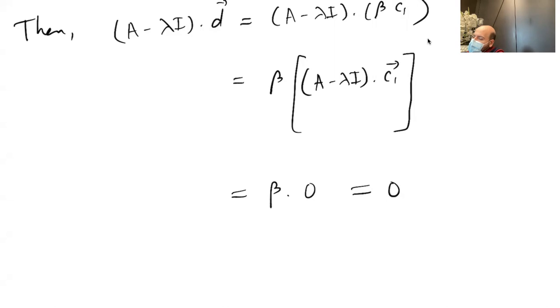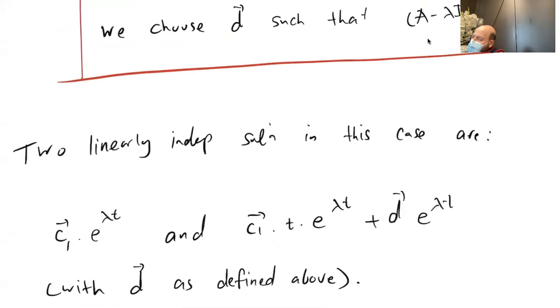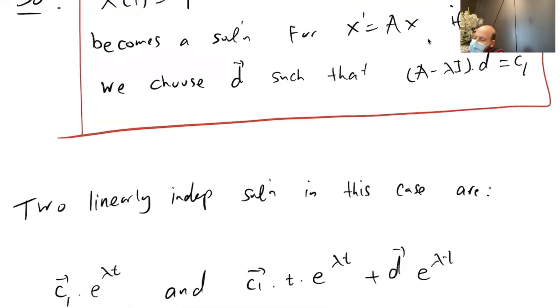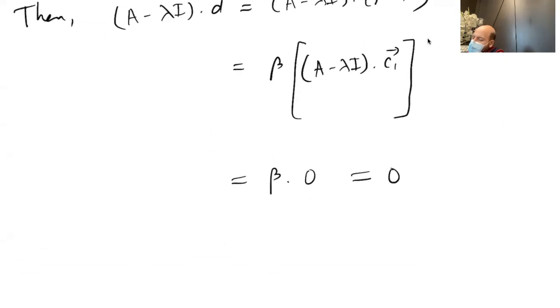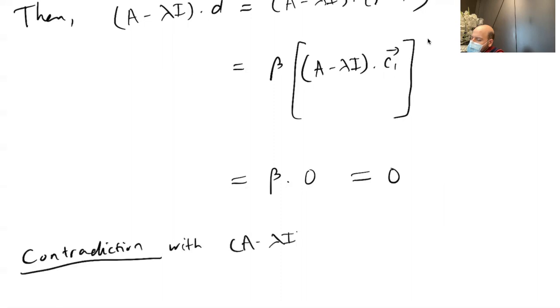But remember, A minus lambda I times D was supposed to be equal to C1. Now I got A minus lambda I times D equals 0. So this is a contradiction with A minus lambda I times D equals C1. Because remember, C1 is non-zero.